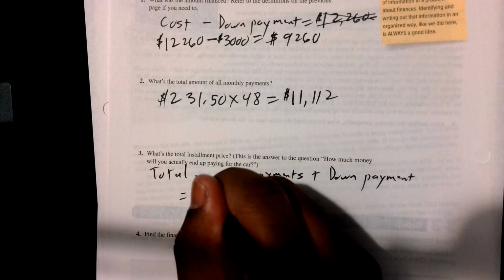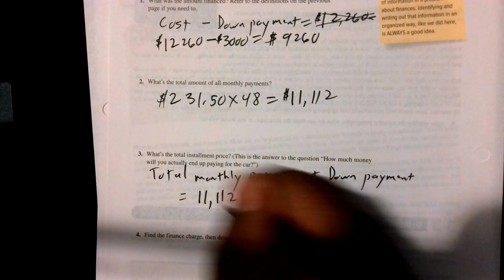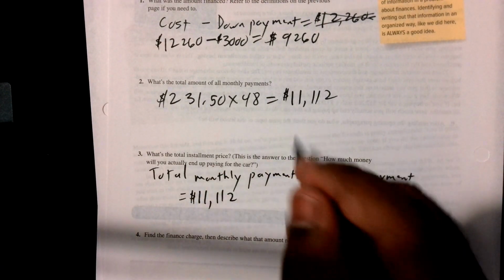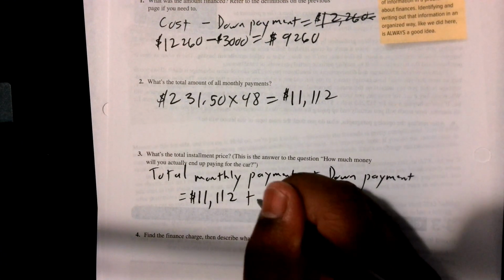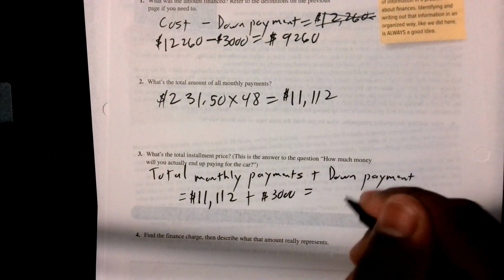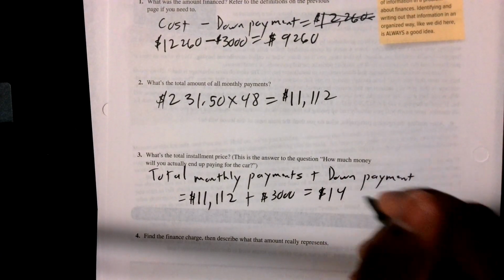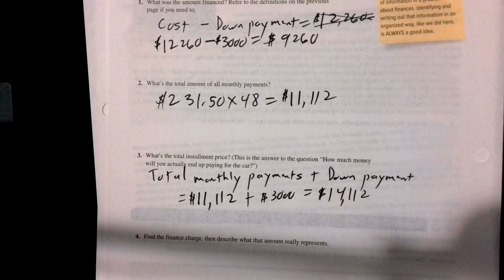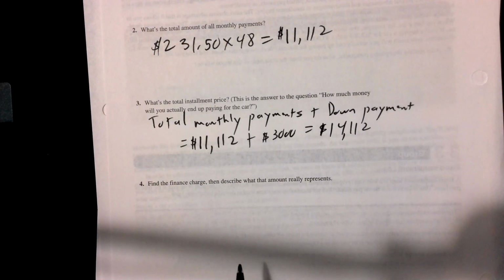So the total monthly payments are $11,112, which we got from problem number 2, plus the down payment, which is $3,000. And so we would pay a total of $14,112 for the vehicle.